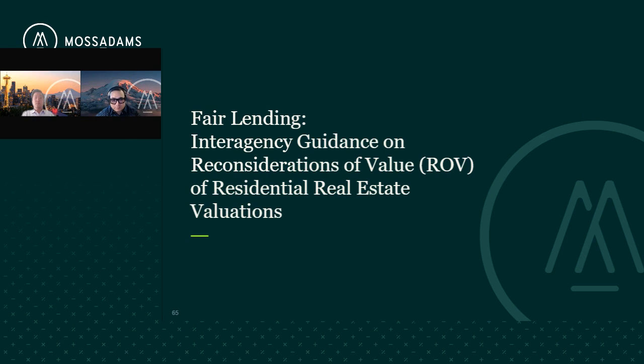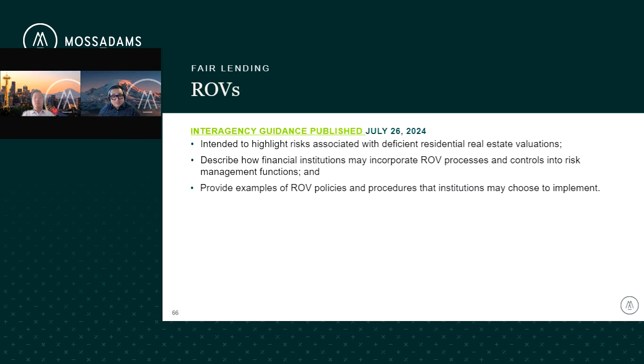All right, and last but not least, as we head towards the top of the hour, I just wanted to very briefly touch on reconsiderations of values related to appraisals. So in May, the GSEs, so Freddie, Fannie, HUD, and the FHA, published their own requirements related to reconsiderations of values for appraisals. And then the agencies followed suit in July of 2024 and published their own interagency guidance.